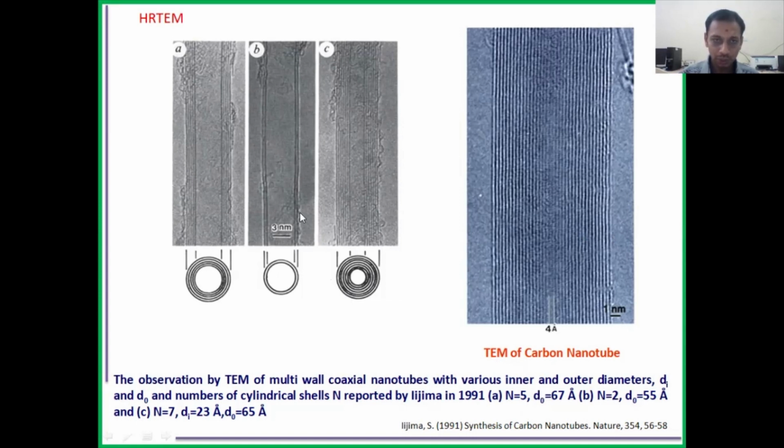N is equal to 2, number of walls 2, and it has a diameter also. The number of walls is 7 in C. That is the image, and he observed this one and reported it in 1991. And that was the first discovery by Professor Sumio Iijima of carbon nanotube, discovered and synthesized by using the arc discharge method.